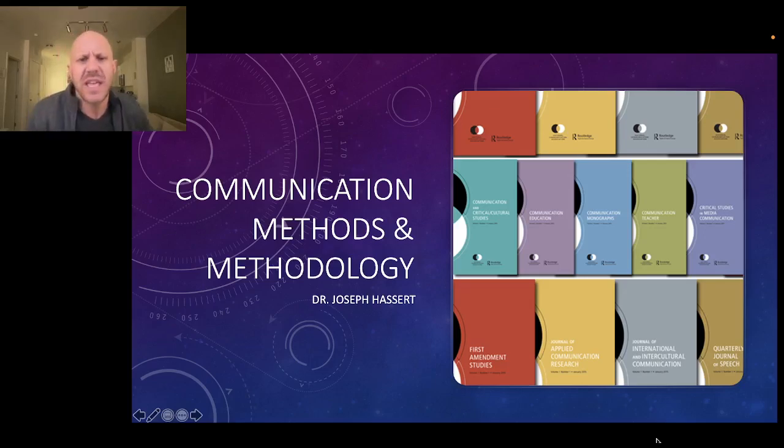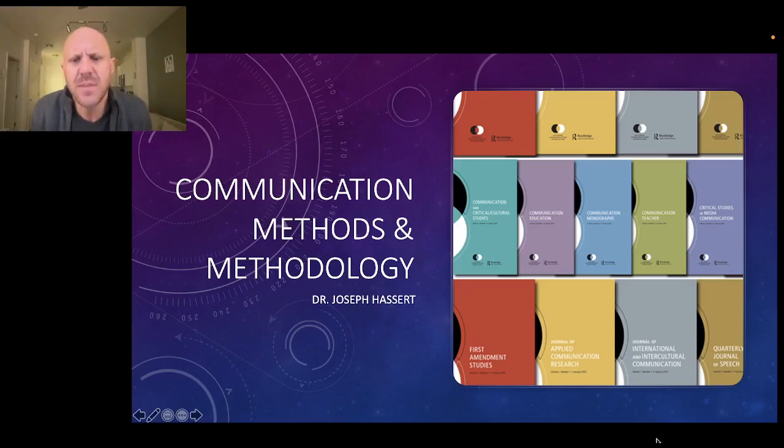Before we do, though, I want you to look at the image on the screen here, which is of communication journals. These are National Communication Association journals. And academic journals are just one of the ways in which we share our research. And these in particular are what are called peer review journals.